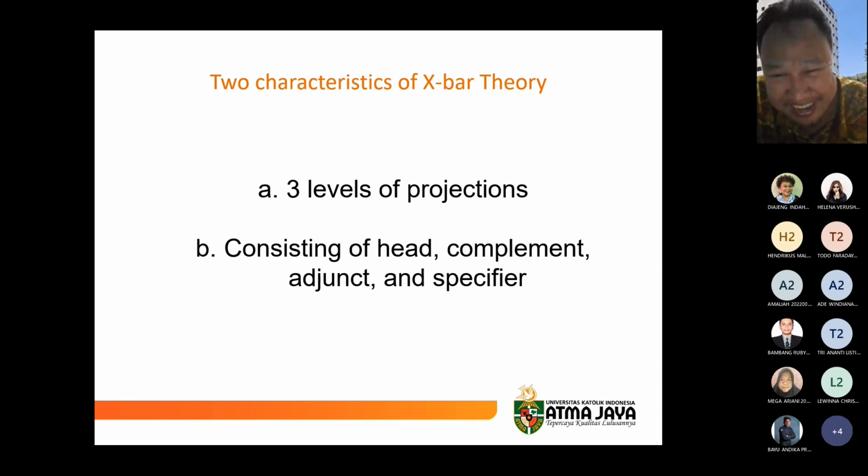Yes, you are right. So the most important element is head. But when you form phrases and sentences in English and other languages, don't forget they might also have complement, adjunct, as well as specifier. And no others, only four elements.